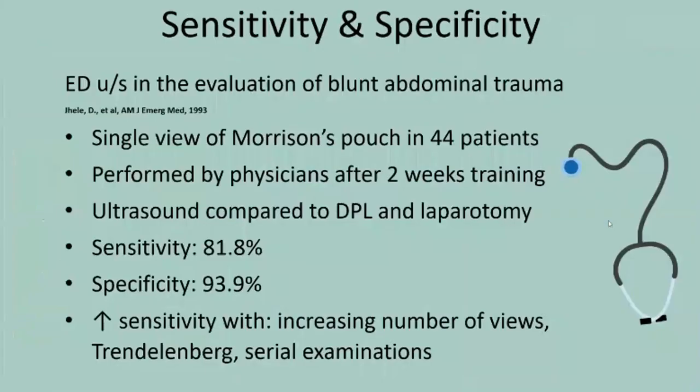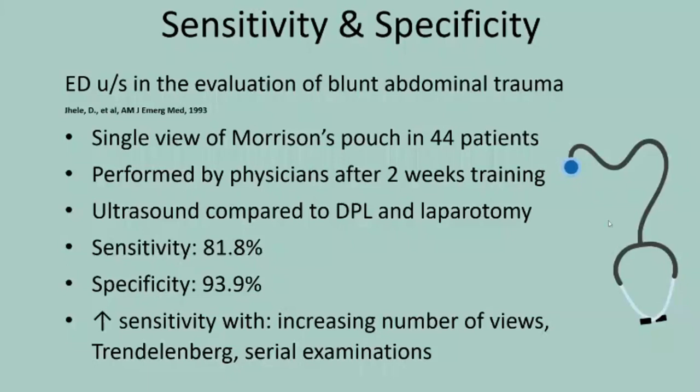So just a little bit about the sensitivity and specificity. In terms of emergency department ultrasound being used in the evaluation of blunt abdominal trauma, they did a study back in the 1990s, in 1994. It was a prospective study in which a surgeon used ultrasound as the primary adjuvant modality in injured patients.